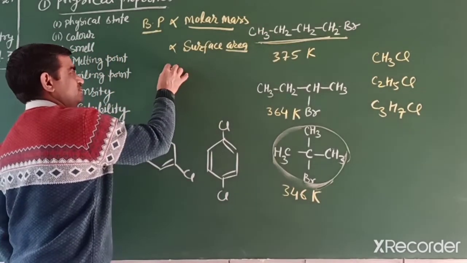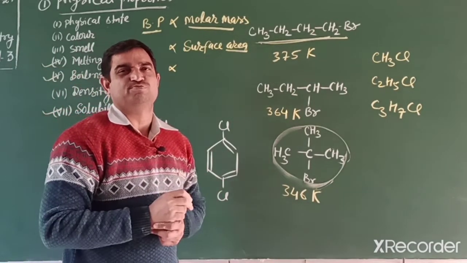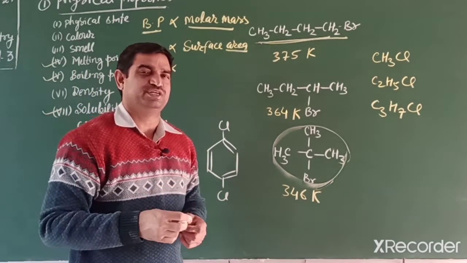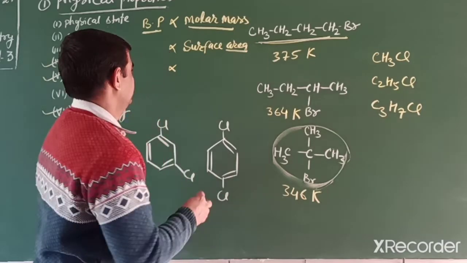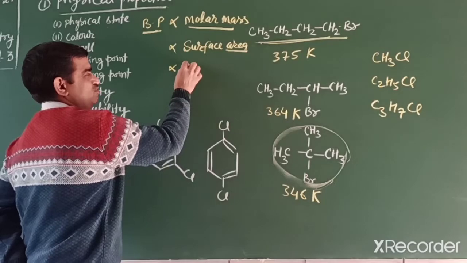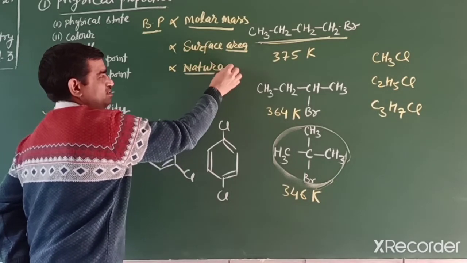Third one, the main factor, depends on what type of force of attraction, like hydrogen bonding, van der Waals force, or dipole-dipole attraction. So it means the nature of bonding. This is most important.